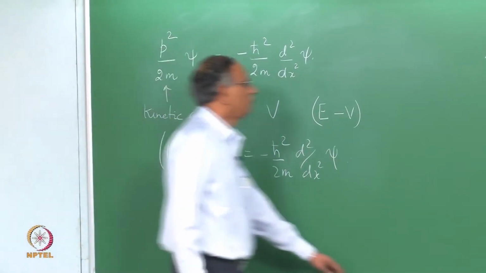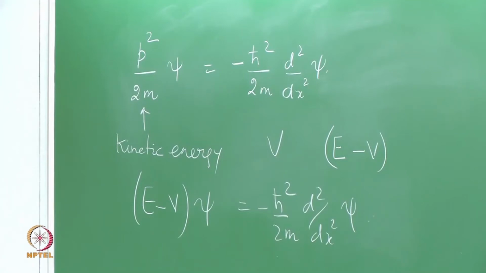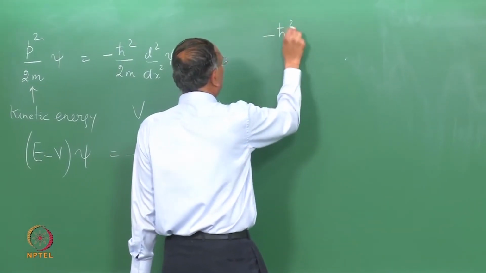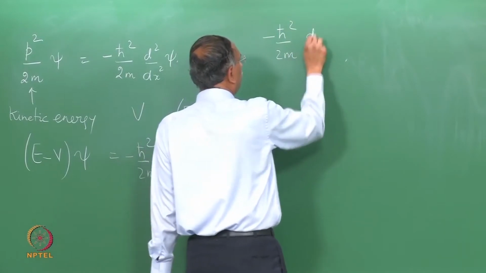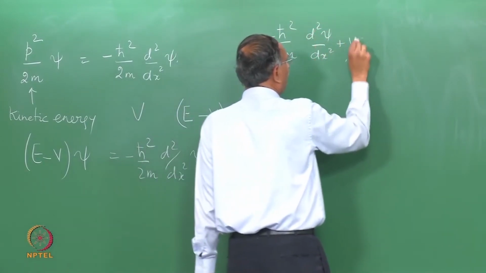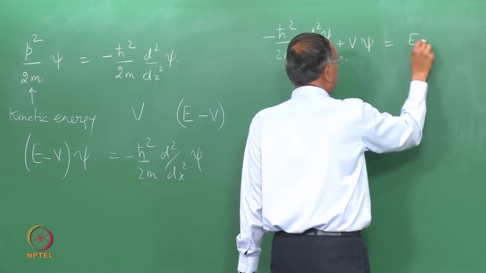Okay. Now, one last step, and then you see the equation H psi is equal to E psi making sense to us, because now if you bring the V here, just rewrite the equation. You have minus h bar square by 2m d square psi by dx square plus V of psi is equal to E of psi.